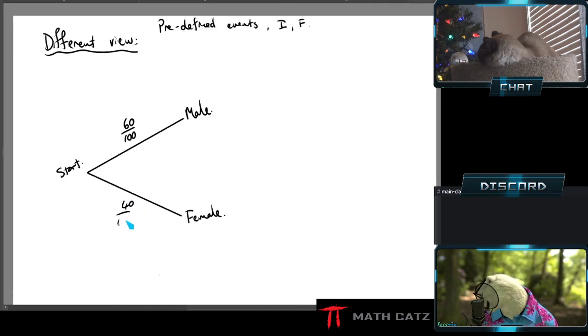So right now, with this diagram, I'm just trying to map out what could happen if I randomly select a person. I could go off on this branch, having selected a male, or I could go down this branch, having selected a female, right?